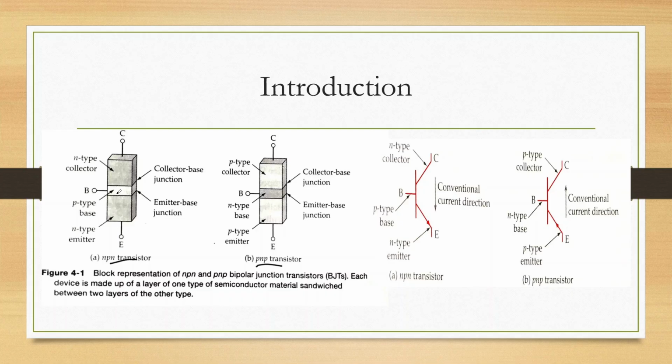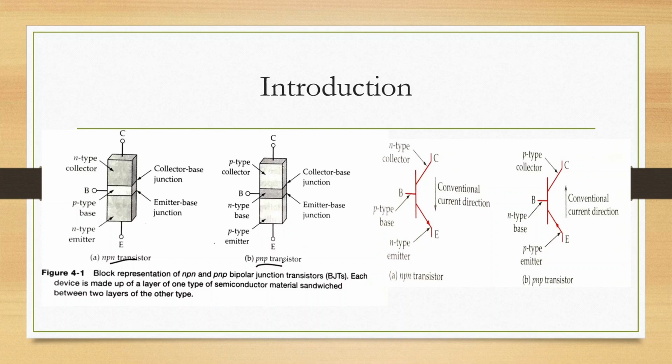If a P type is sandwiched between two N types, we name it an NPN transistor. One N type is the collector, the other N type is the emitter, and the P type is the base. It will have two junctions, the collector base junction and the emitter base junction. Similarly, in the PNP, an N type is sandwiched between two P types. The P types are the collector and emitter, and the N type is the base. There are also two junctions.